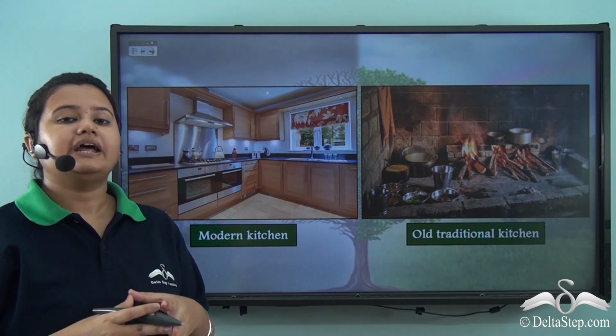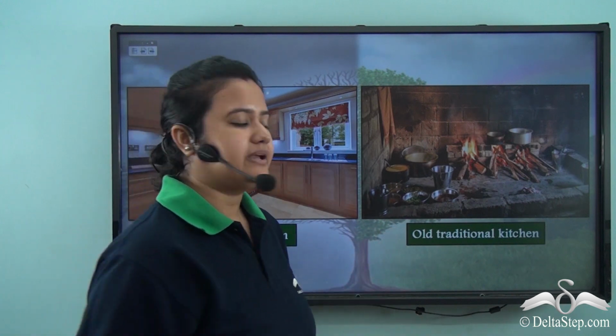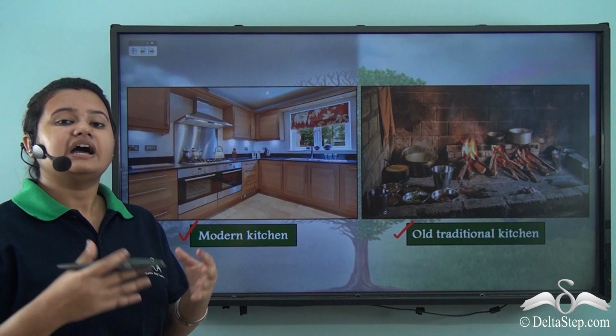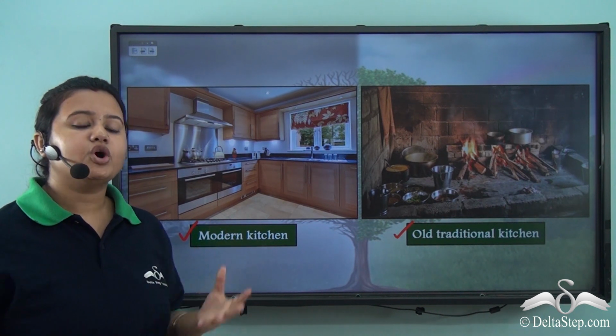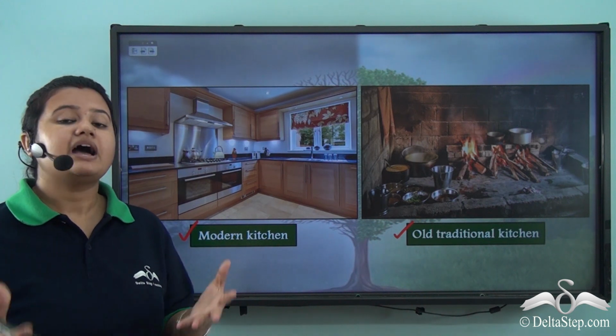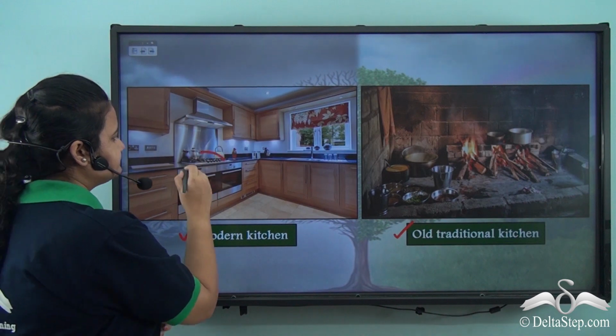Now look at these two pictures. The first picture depicts a modern kitchen, while the second picture depicts an old traditional kitchen. You must have observed that nowadays we use modern electrical gadgets in our kitchens, like induction cooktops, microwaves, etc. We also use gas stoves.